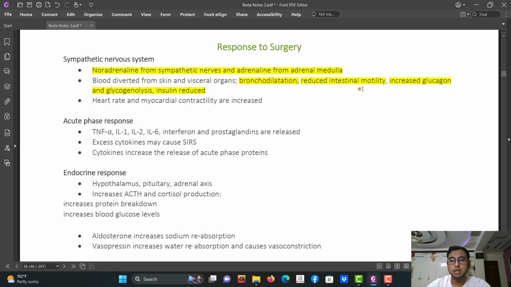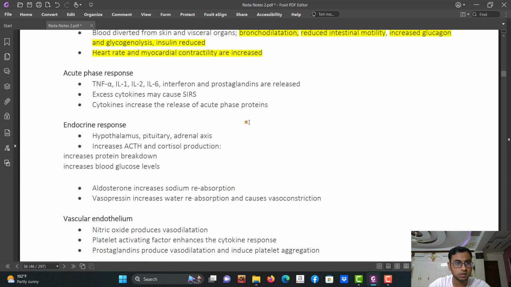There is increased glucagon activity, that is anti-insulin like activity, with glycogenolysis from the liver, and the insulin is reduced. So which hormone is reduced after surgery? The answer is insulin. Heart rate and myocardial contraction are increased, so the patient might have tachycardia or increased cardiac contractility.